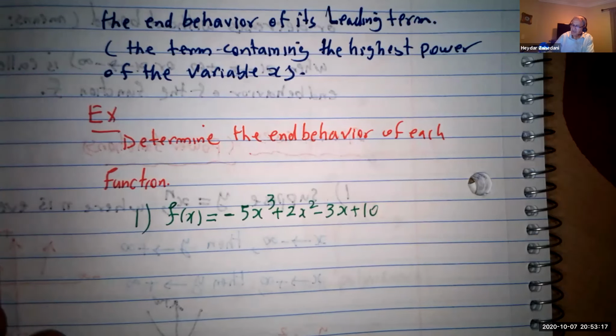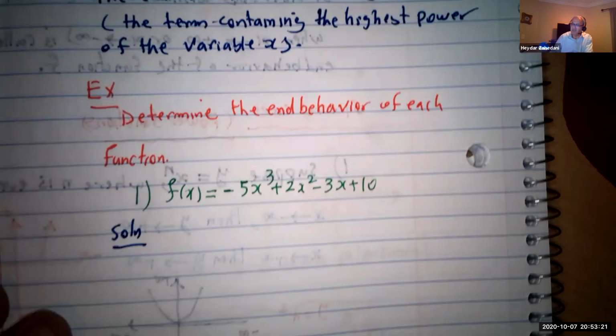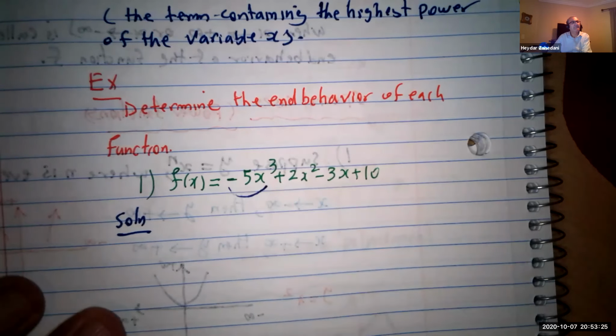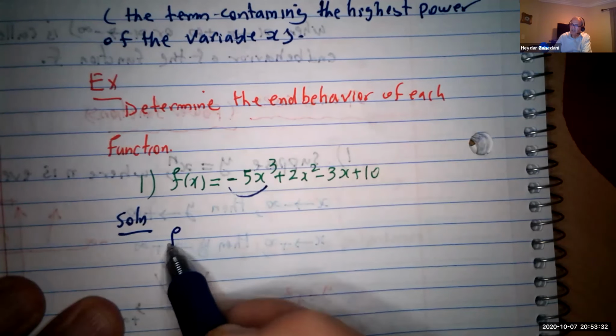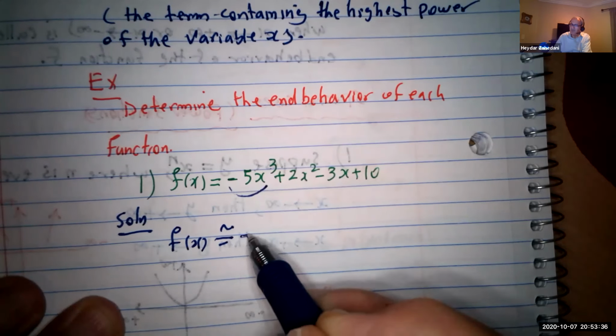Shrink it first. Solution: shrink this function to its leading term. This is the leading term of your function. So f of x shrinks into negative 5x cubed.